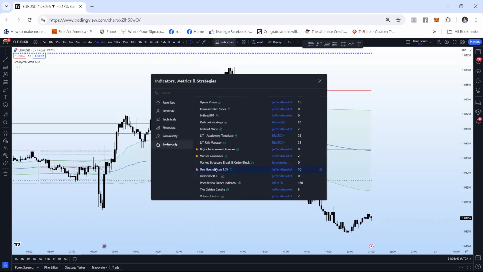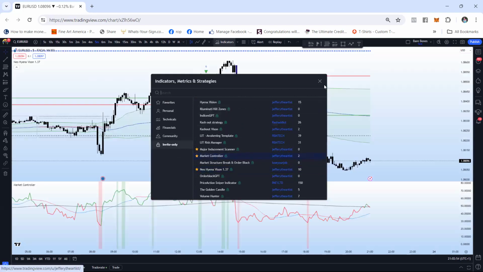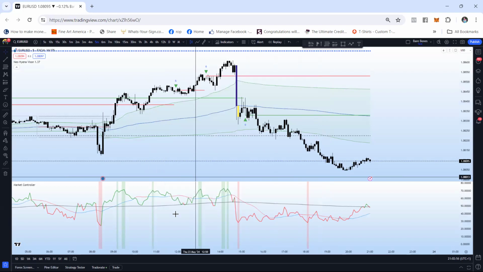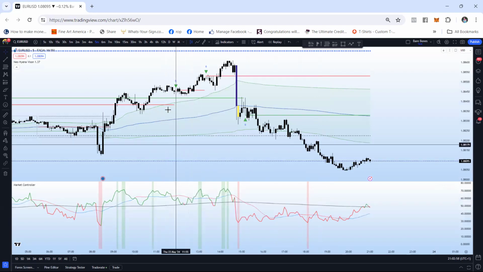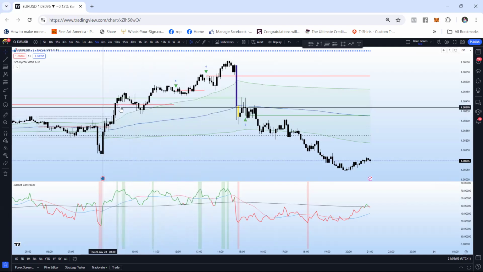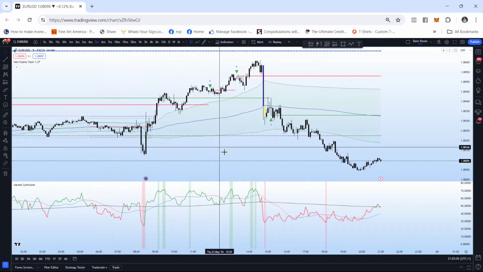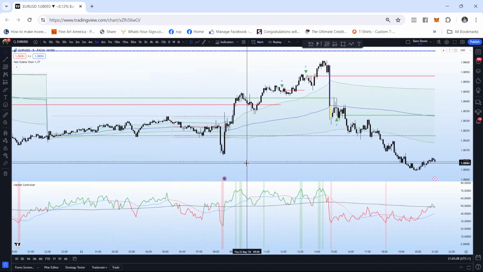Okay, so Neo Hyena Vision, you added that. Next, you add the market controller, right? And the market controller should pop up below in a separate window. And Neo Hyena Vision should paint little lines on your screen, red, green, blue lines, and various other lines as well.